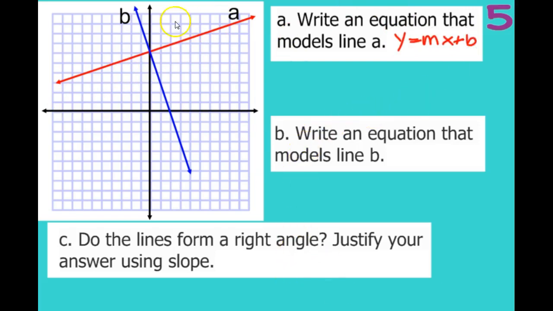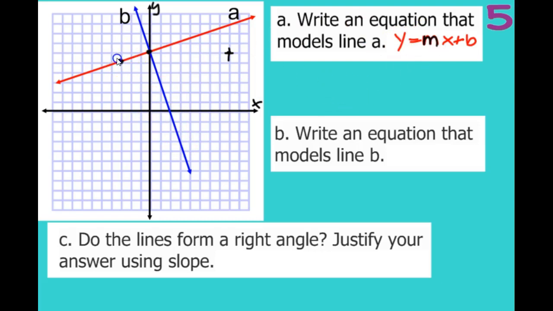So there aren't any points on here, but I can find some points that would cross at nice points, meaning they cross at a nice whole counting number on our x and y axis here. So this one right here is a nice point, and I'm going to say this one also is a nice point. So I'm going to use those 2 points to find my slope.